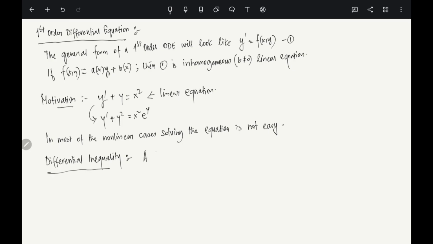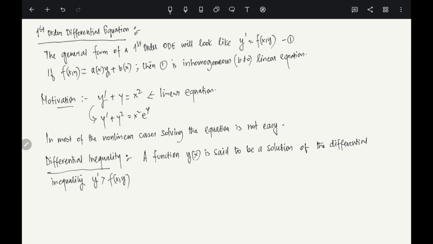So what is this differential inequality? Let's say a function y of x is said to be a solution of the differential inequality y prime greater than f of x, y in the interval x naught plus or minus a, if y prime of x exists in this interval.